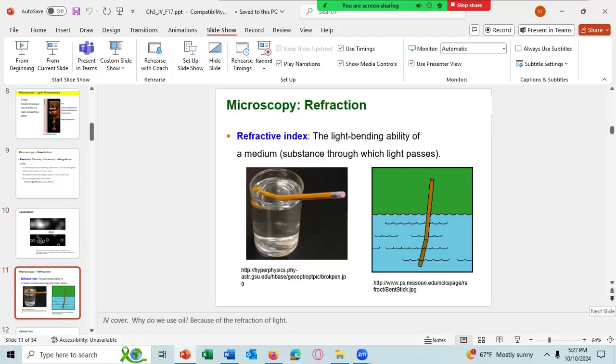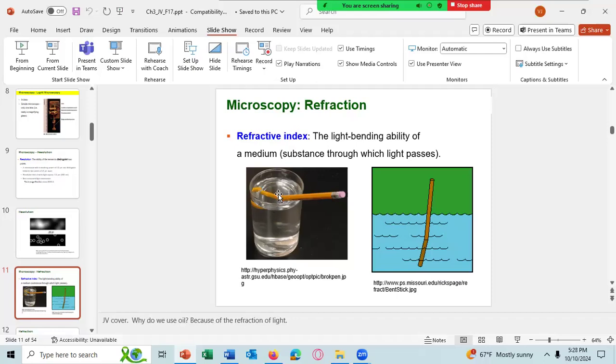All right. Light bends whenever it comes out of one medium and enters another medium. Like when light comes out of the glass slide and then enters the air, the light will bend at the interface. And that's why the pencil looks bent right there, because of the bending properties of light.